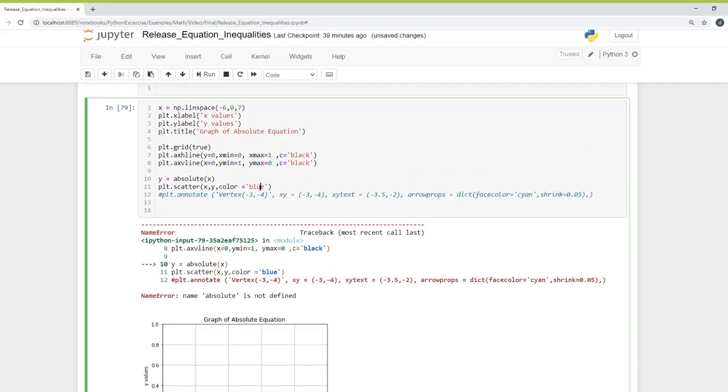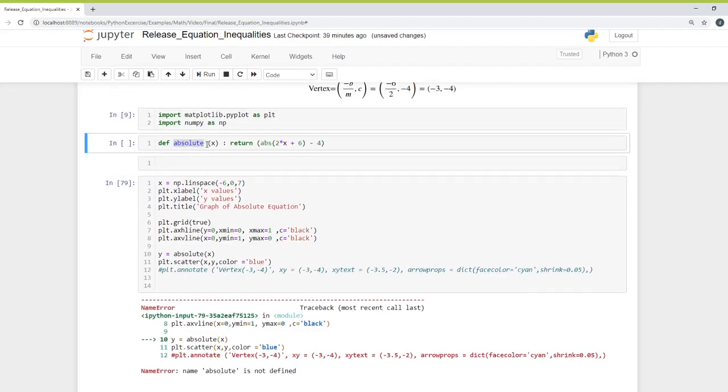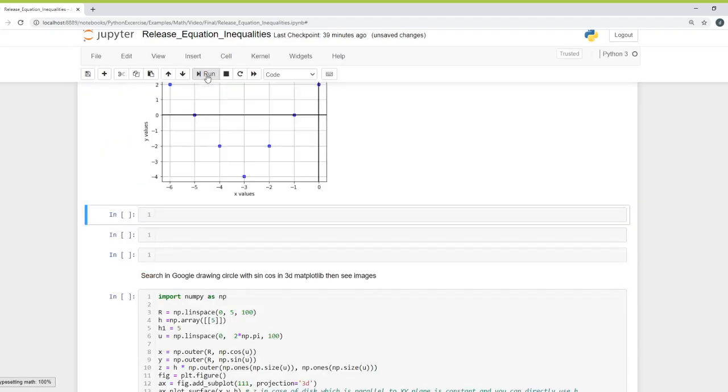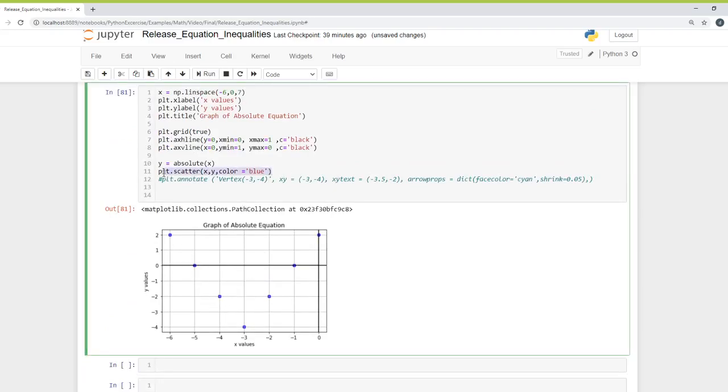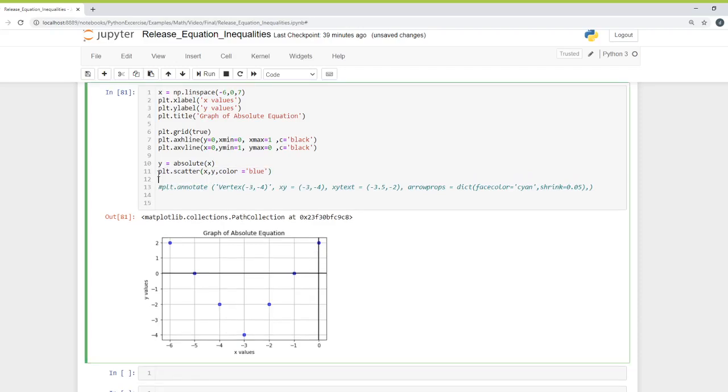Okay, it says absolute is not defined, because I have to run the function cell first. Okay, I have run it, and these are our data points. Now let's change the color of the vertex, that is minus 3, minus 4.